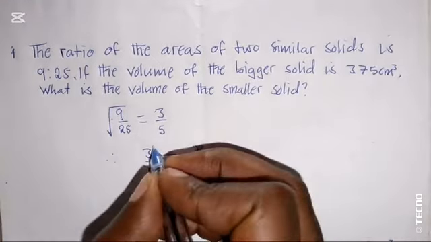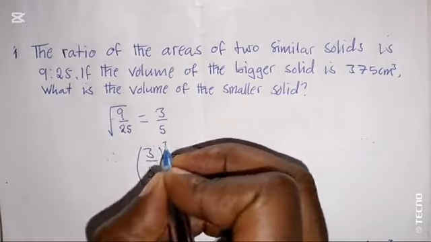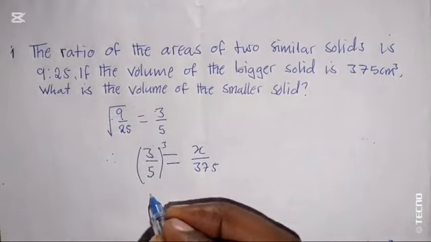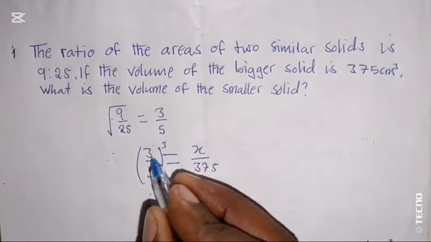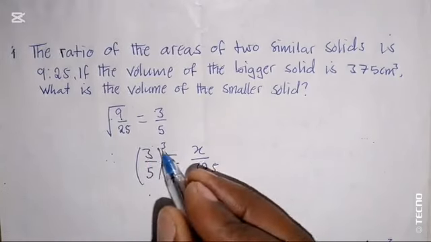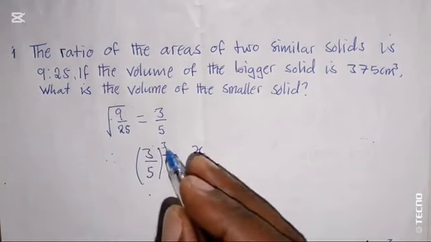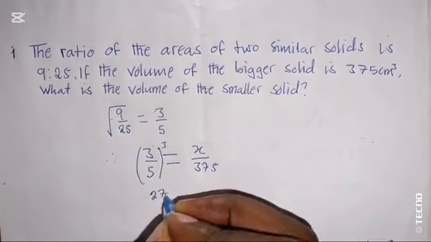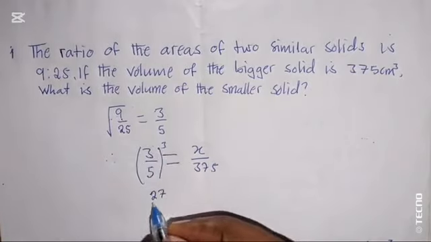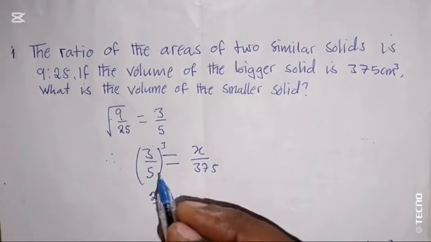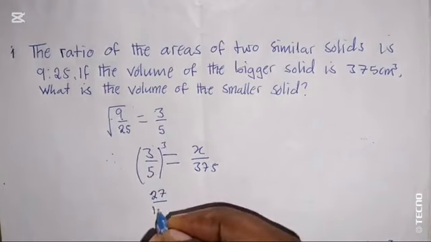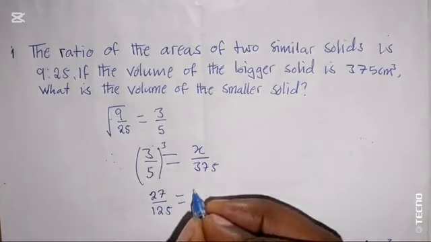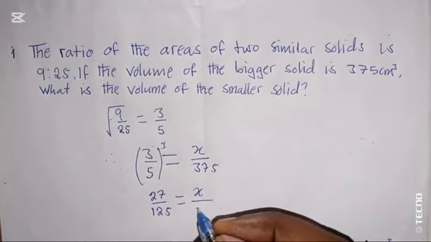Here we'll say 3 to the power 3, which is 3 cube, which gives 27. 3 cube is 27 over 5 cube, which is 5 times 5 times 5, giving 125. So 27 over 125 is equal to x over 375.